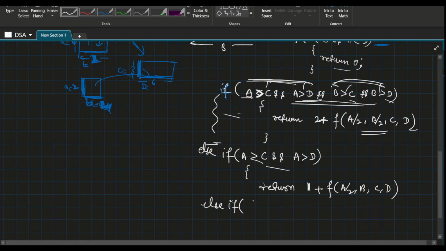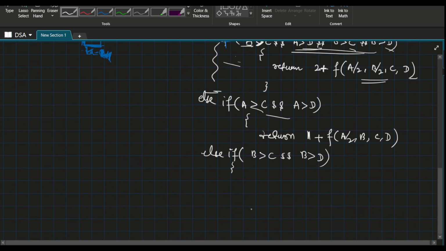If this condition is also false, then we will check if B is greater than C and B is greater than D. If this is the case, then B is greater than both of its lengths, and we can simply return 1 plus F, where A remains the same, B is reduced by half, and then C and D.